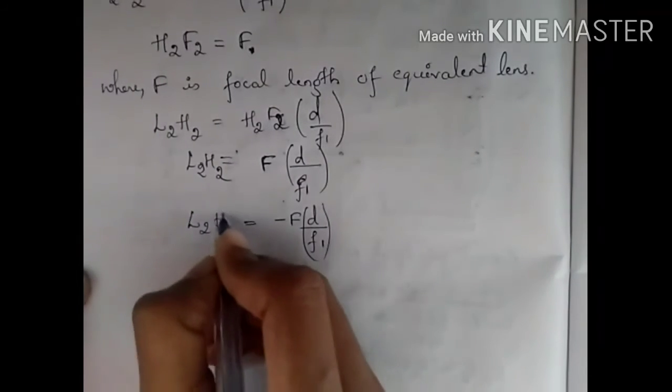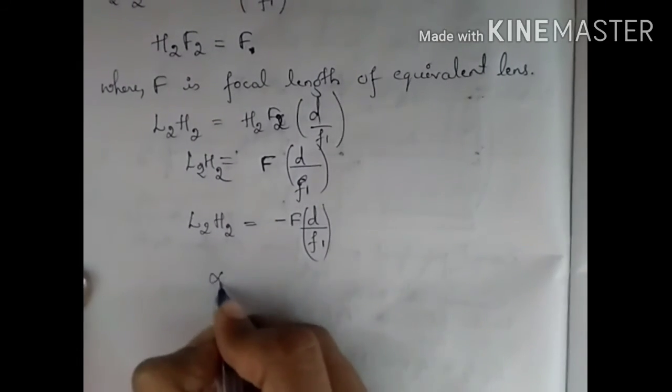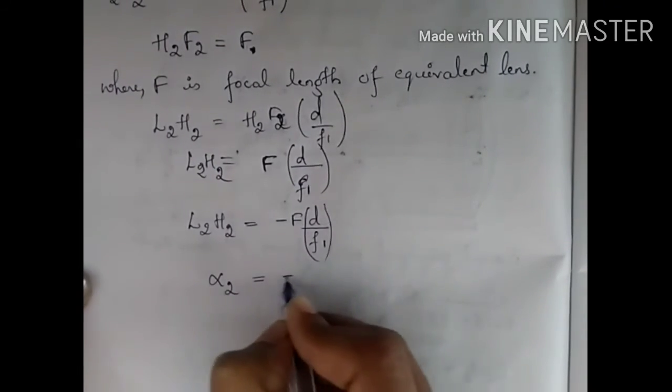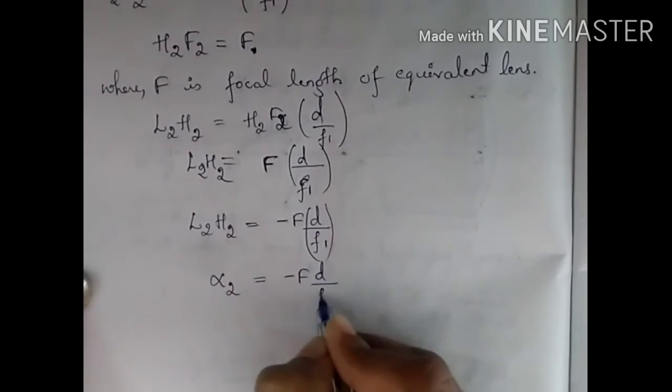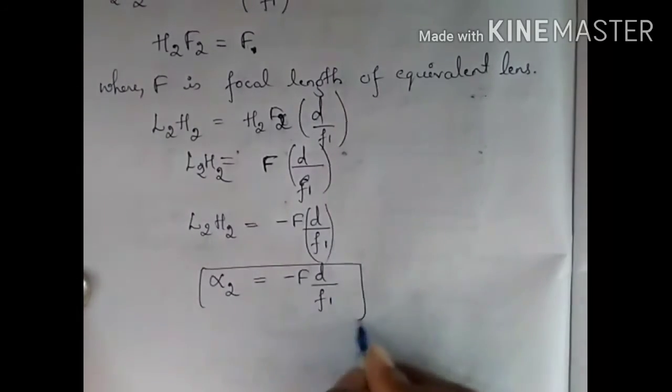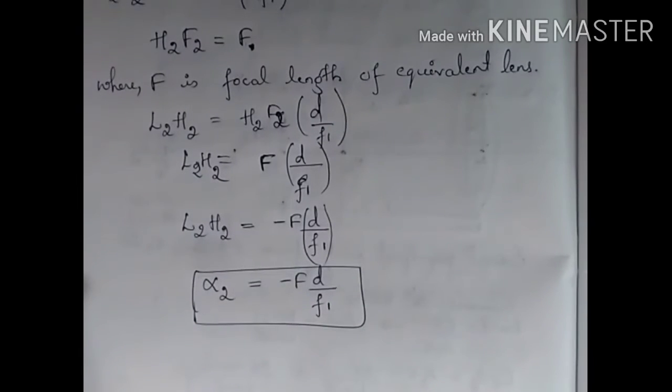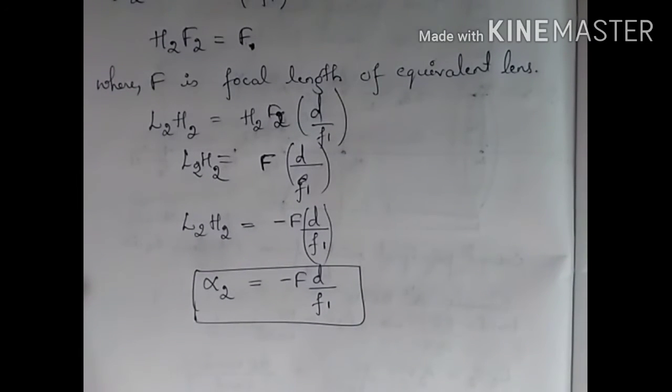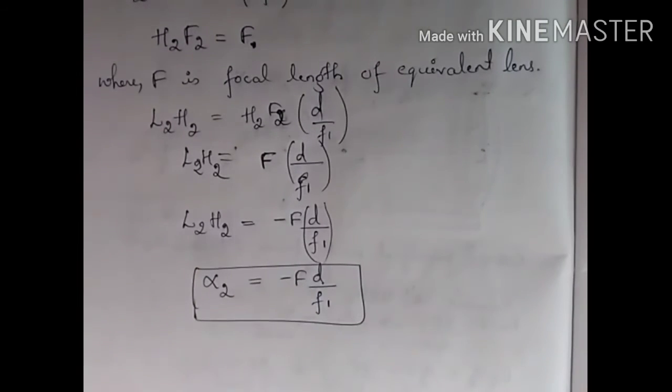So we got this by considering the sign convention that we have already learned in the earlier classes. This is L2H2, which can also be written as alpha 2. Alpha 2 is equal to f d by f1. So alpha 2 is the position of the second principal point of the two lenses which are kept coaxially and separated by a distance d.